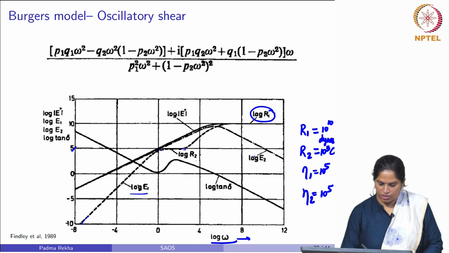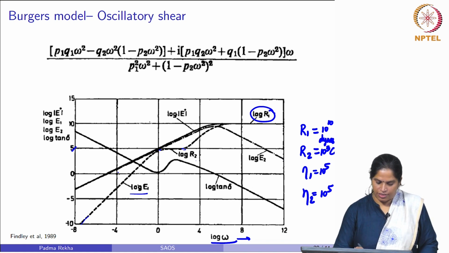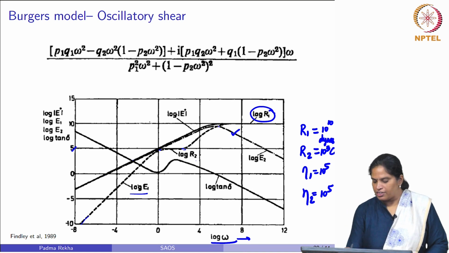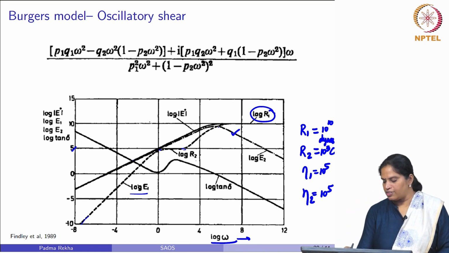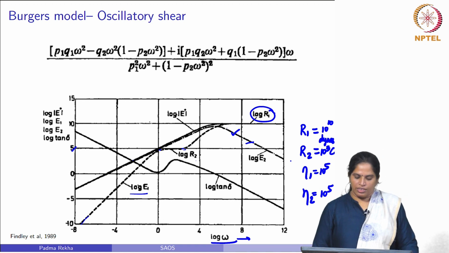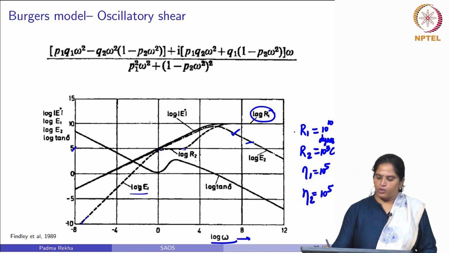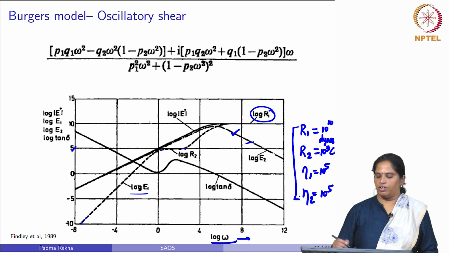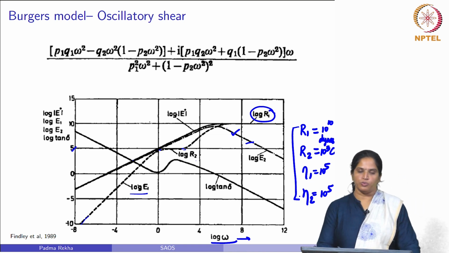The variation in the loss modulus is given in this curve. Initially there is an increase, and on further increase in frequency, you can note a decrease in the modulus. Again this trend depends on the material functions R1, R2, eta 1 and eta 2.